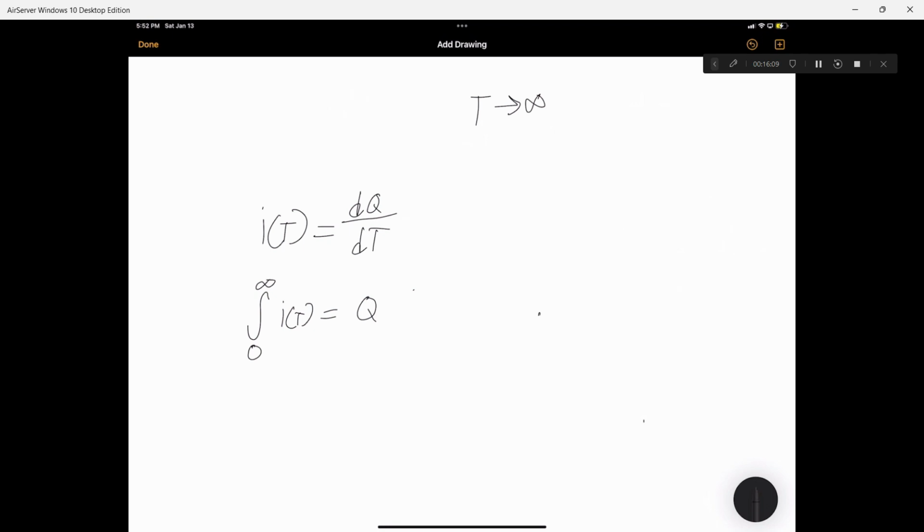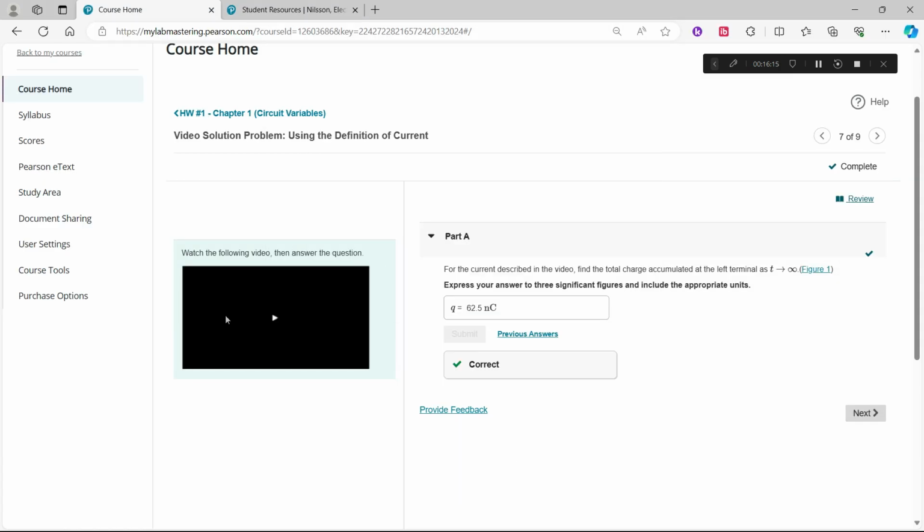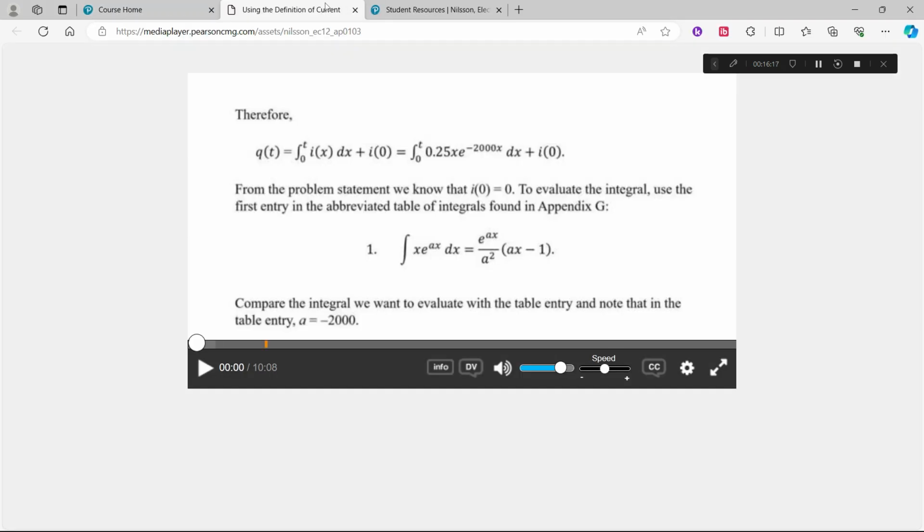And our function I of t has a value, which is, let's go to the video, 0.25 x e to the negative 2,000 x.